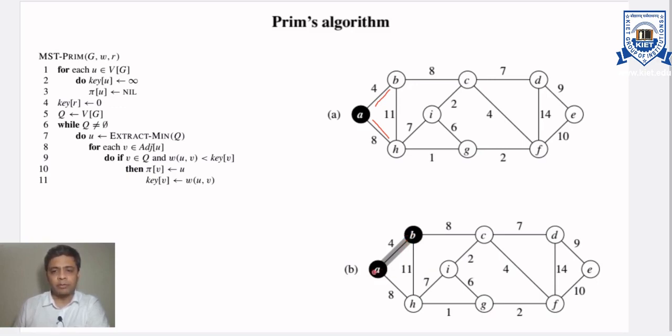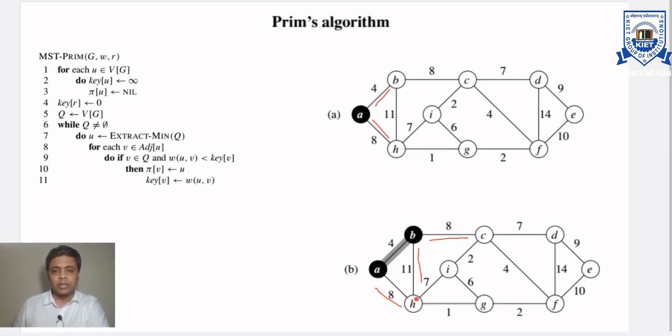So considering the edges connected to A, this edge is also connected with A, but since it is selected, we are not going to select it again. So from A there is only one edge, 8, and from B there are two edges, one is 11 and one is 8. We would consider these three edges only for the time being and pick the edge which has minimum weight among these three.